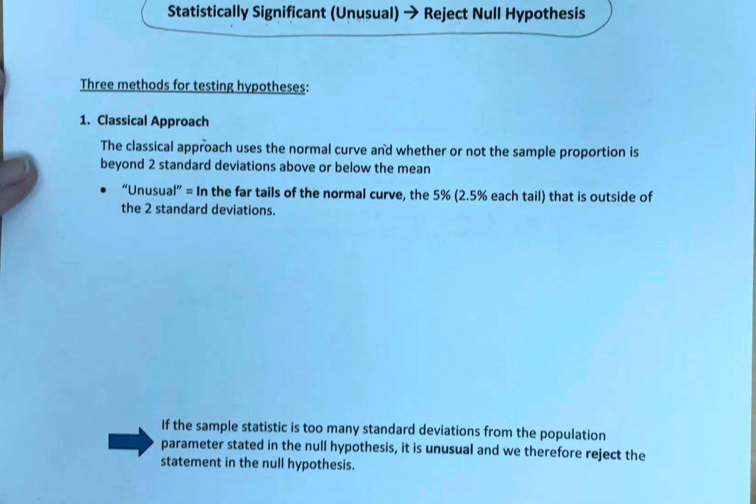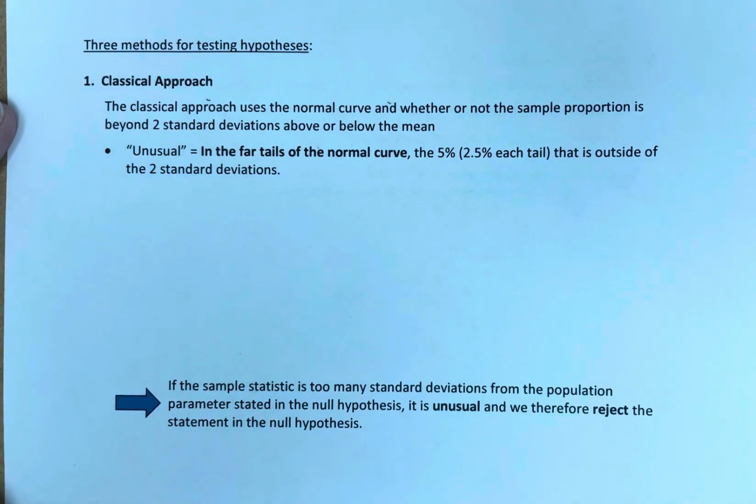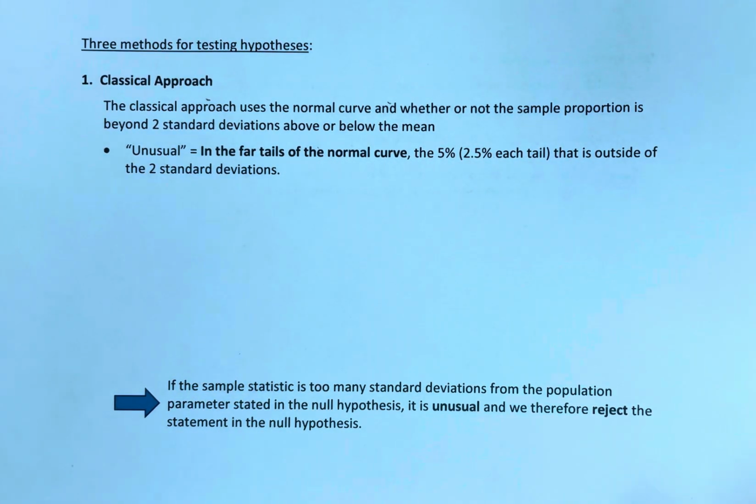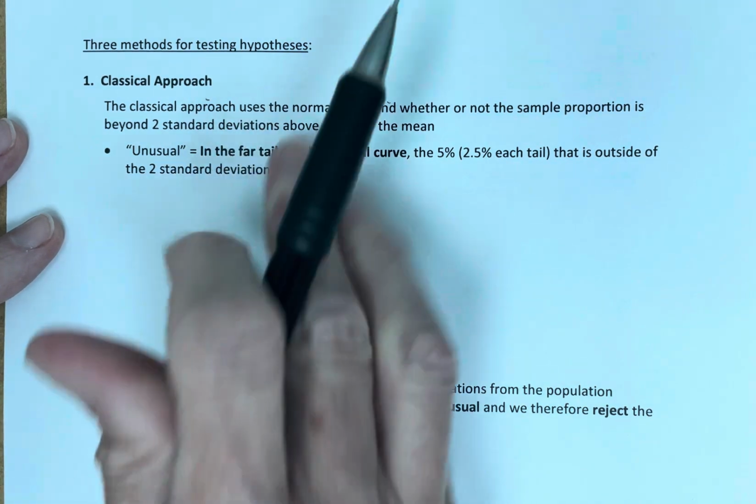There are three methods for testing hypotheses: the classical approach, the p-value approach, and the confidence interval approach. Let's take a look at them. The classical approach. We've worked with this.